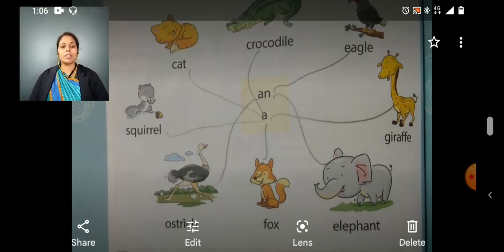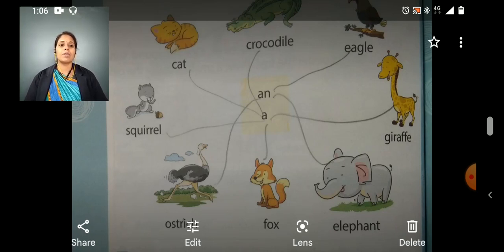So with these animals we have to use a or an. I have told you, dear children, that the words which start with a consonant letter, there you can use a, and the words which start with a vowel letter, there you can use an.